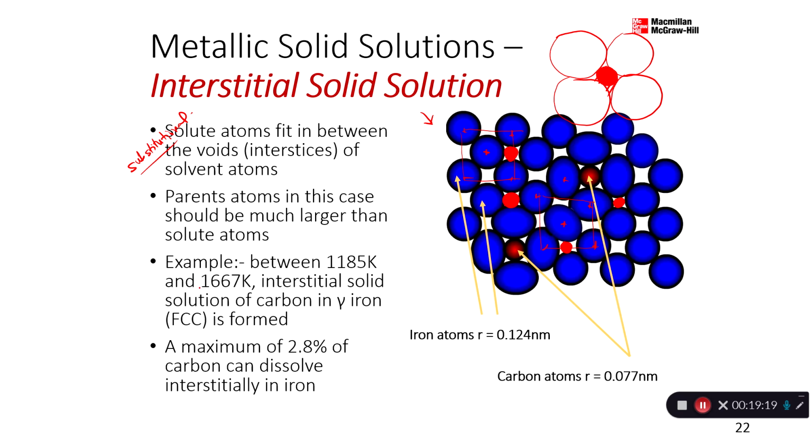Example, let's see. There's also a percentage. So between these temperatures, interstitial solid solution of carbon and iron.